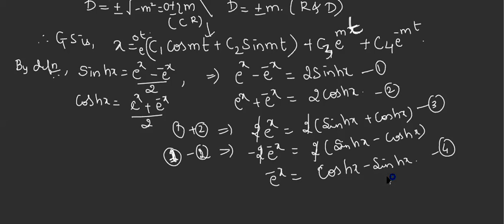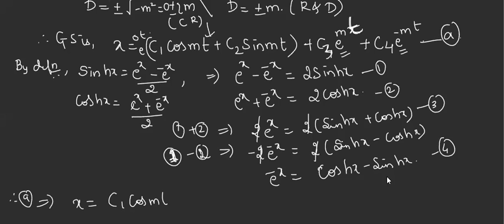I will use the same concept to simplify my exponential in terms of hyperbolic. Let me call it equation A. Therefore, equation A becomes x equal to, see, the first two terms are the same, no change, because we have got what is required. Only we have to change the third and fourth terms. C3 is also the same.